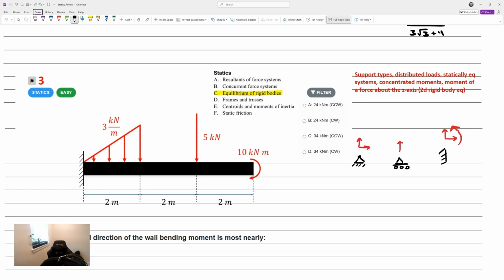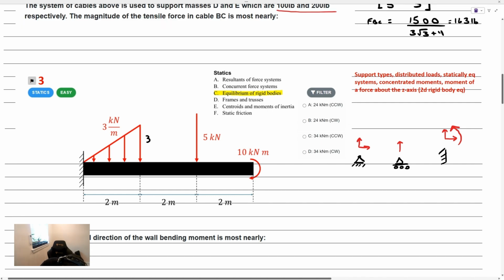This triangle has a height of 3 and a base of 2. So that would be base times height divided by 2 would give us a force of 3. So we know that force is 3 kilonewtons, and it's going to be placed at the centroid of the distribution.